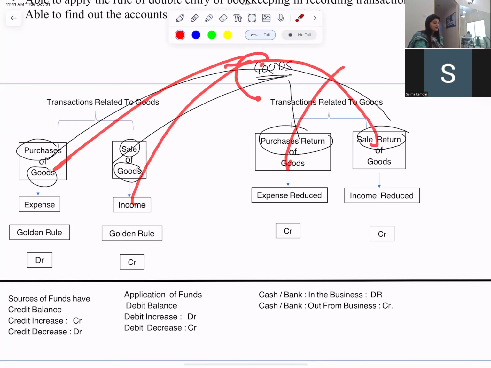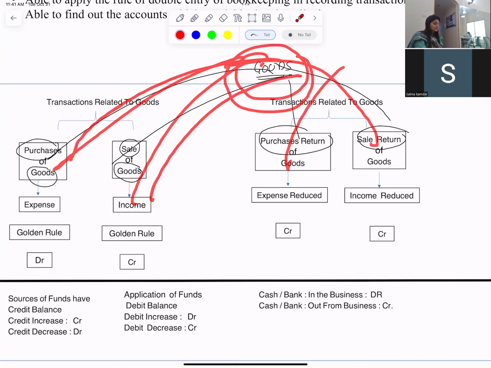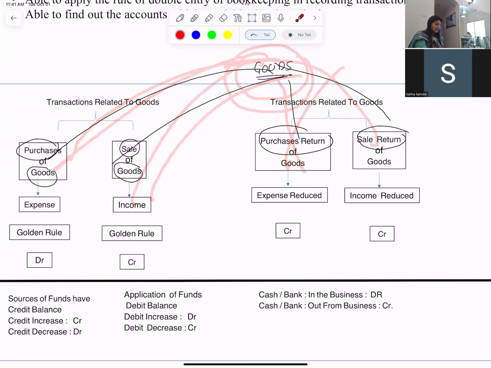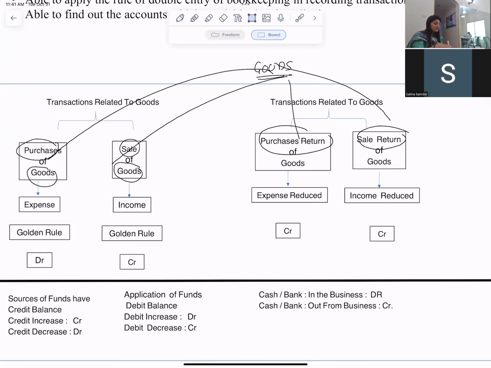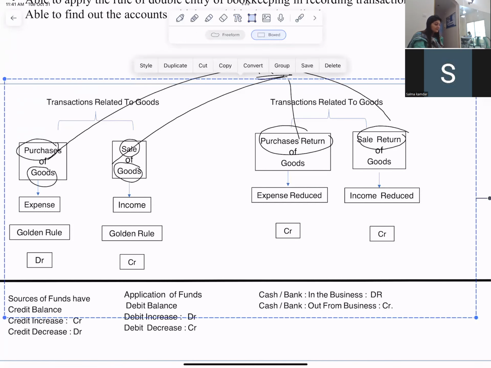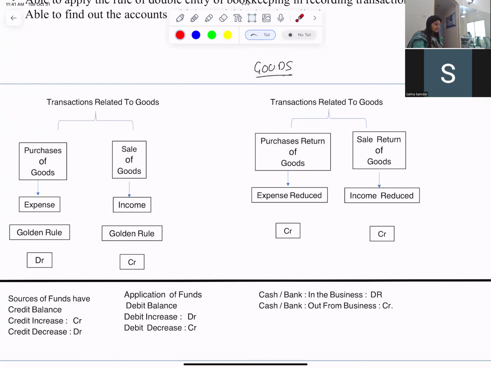Again, whenever the word goods comes, you will use purchase of goods. When you're purchasing goods, what is it? Expense. That means it is which account? Real, personal or nominal? Nominal account.